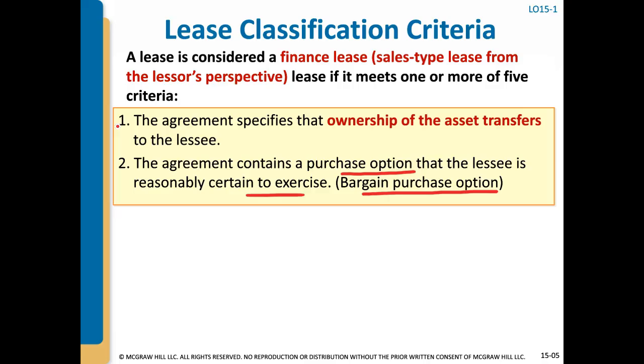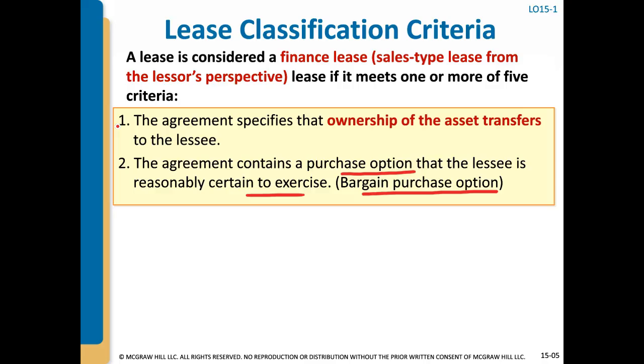Let's take an example. If I lease a car, and my lease agreement says at the end of my 3-year lease, I can buy the car as the lessee for $2,000, whereas usually the fair market value of that car after 3 years is $5,000.